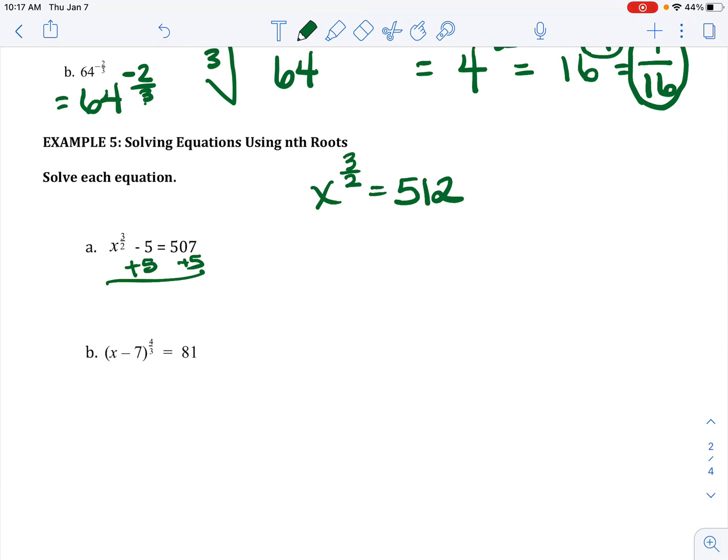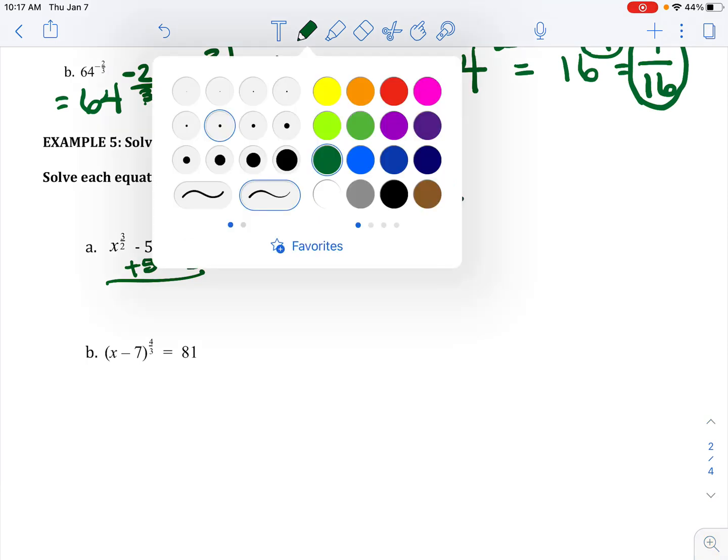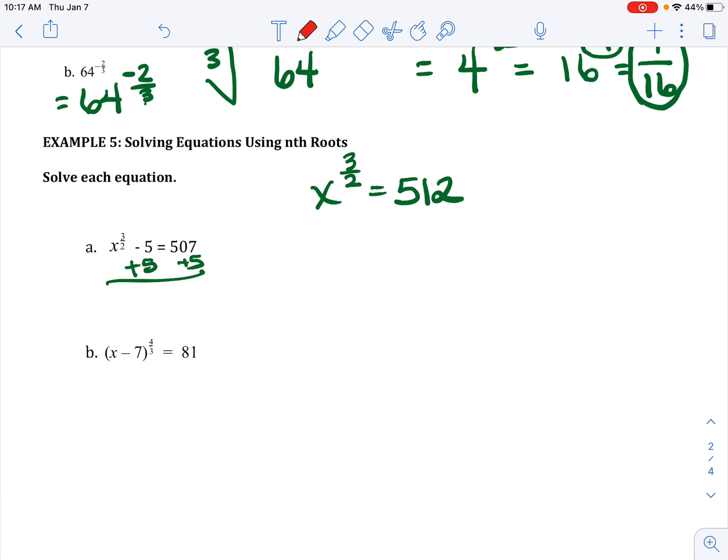Now, if I'm going to do something to one side, I'm going to do it to the other. So to get rid of this exponent, rather than dividing or whatever, I can't do that. I'm going to multiply everything times 2 over 3. So I'm going to take everything to the 2 over 3 power.